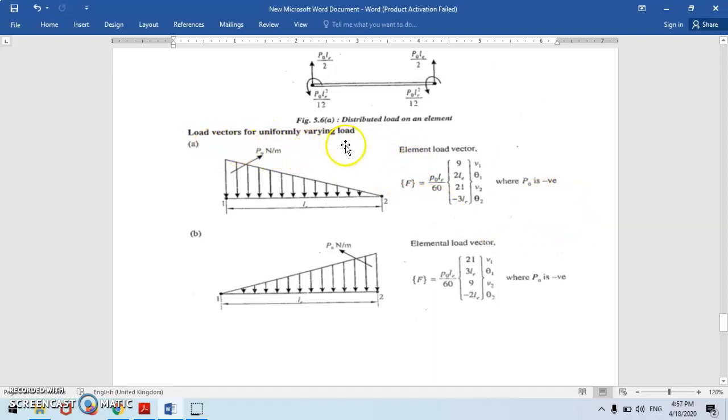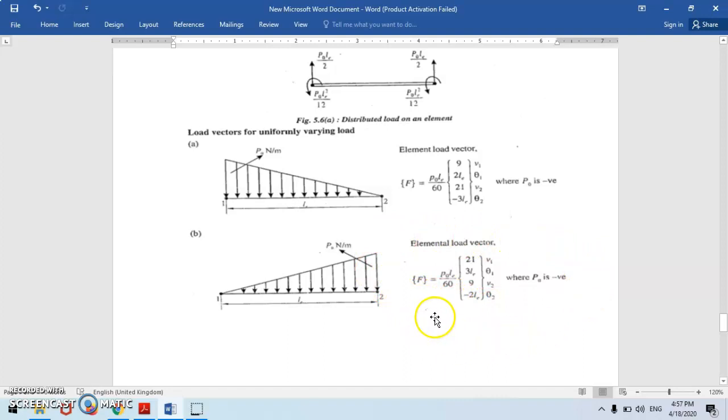That is why you just remember this equation straight away. Load vectors for uniformly varying load: if it is of this side, from left to right, if it is varying from maximum to minimum, then the equation will be like this. If the UVL, that is uniformly varying load, is varying from left to right, minimum to maximum, means from 0 to maximum, then the equation will be this much.